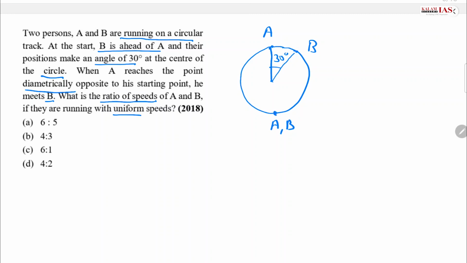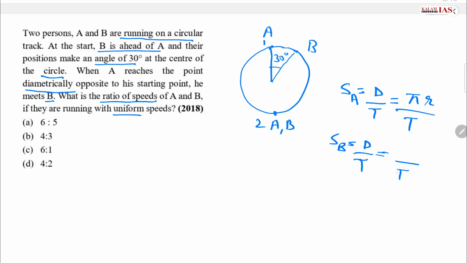Now the time taken by A to reach from point 1 to point 2 will be equal to, not time, the speed. Speed equals distance upon time. So distance covered by A is pi r and time taken is t. Speed of A and speed of B is equal to distance upon time. Time is the same for both as they are meeting at the same time.